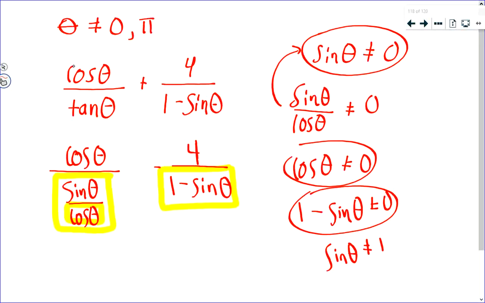Cos of theta is 0 at pi over 2 and 3 pi over 2. Etc. I'm not going to finish the problem. I just wanted to make that point that you're not done when you say sine of theta is not equal to 0. You have to tell me what theta is not equal to. That is all of Unit 3 and 4 in Math 30-1, the straight poop.